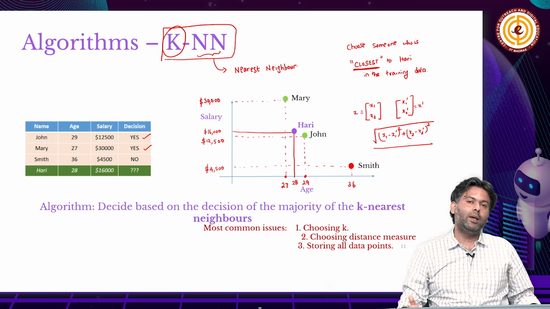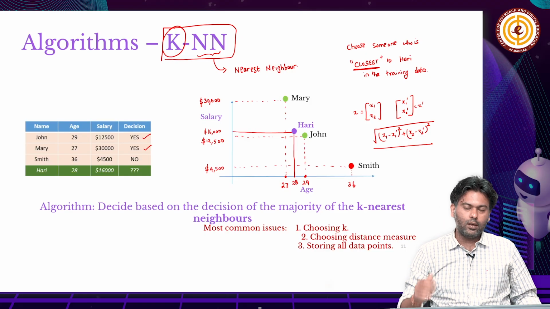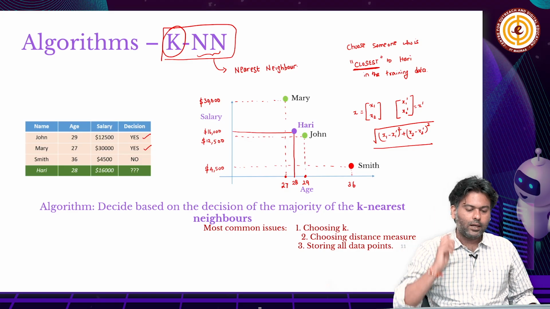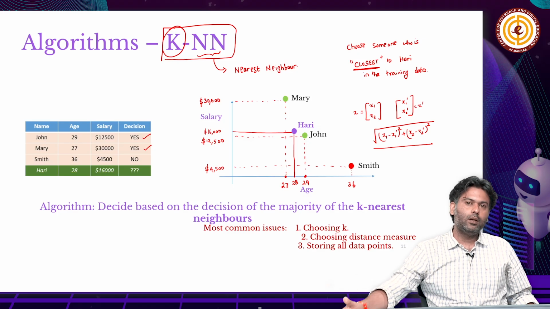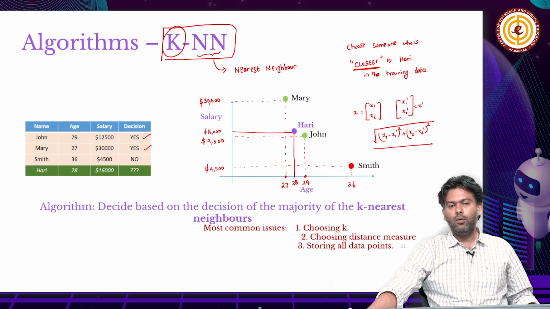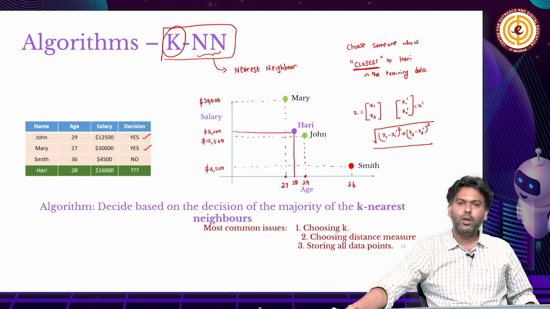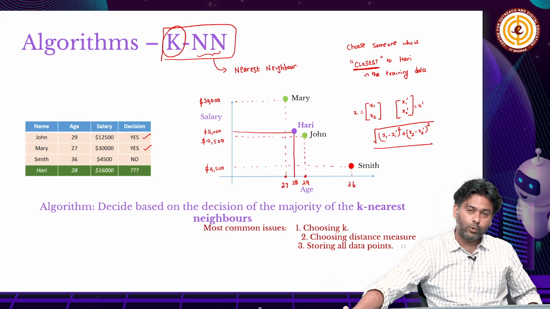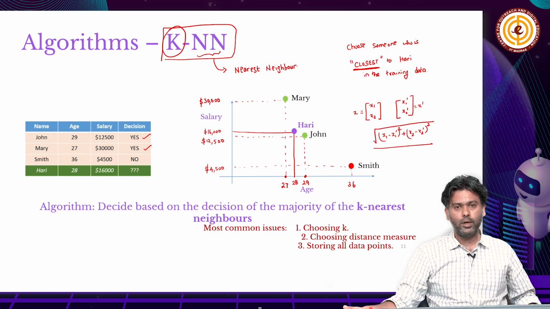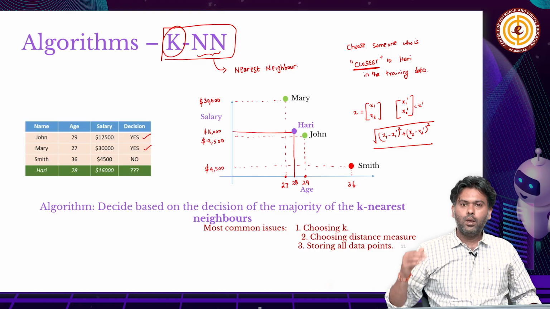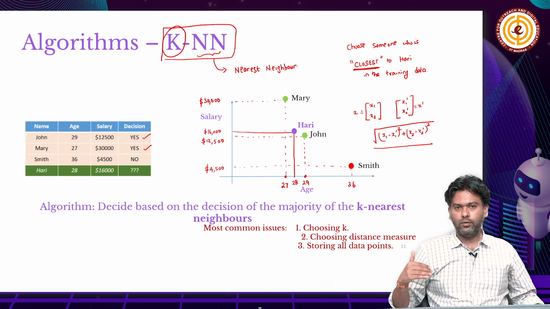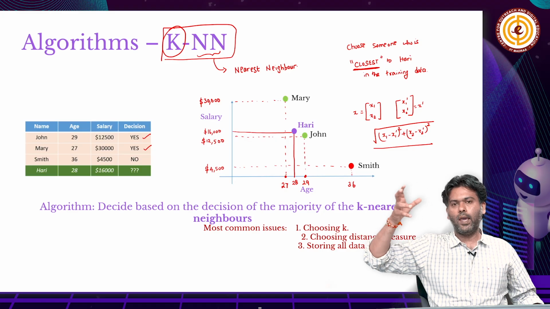And finally, and perhaps the bigger issue with this algorithm is that every time I need to make a decision for a test data point, what are the steps involved? I should first figure out the distance of the test data point to each of the training data points, and then sort them in increasing order of distance and pick the top k.